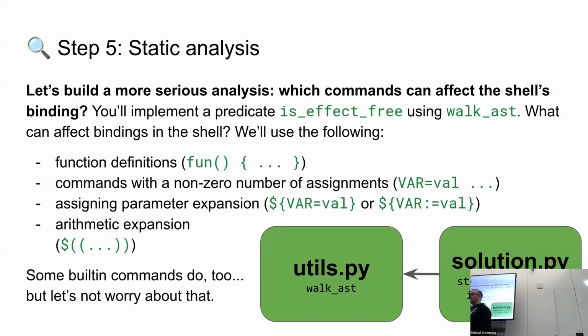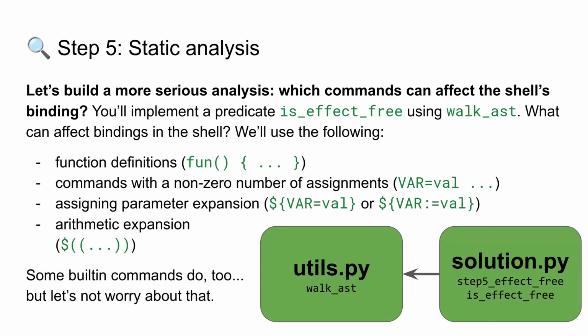So a function definition introduces the name fun to the binding environment, so it affects binding. Assignment, again, no surprise, assignment affects binding. Now, a thing you might be surprised by is we're saying this is any simple command with a non-zero number of assignments. If you know the shell well, there are two different forms this could take. If there are no arguments, okay, cool, that's bare assignments that affect the global scope, right? It's a dynamic thing. Here's an effect on this dynamically scoped variable.